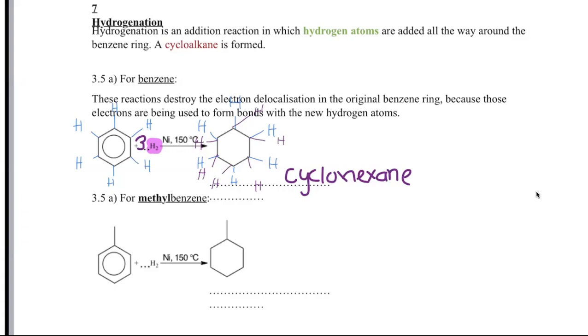Okay, we just have to know how many hydrogen is needed. So initially, you have hydrogen on 5 carbons only. I hope you can see that. This carbon already has a methyl group, so you will not have a hydrogen there.